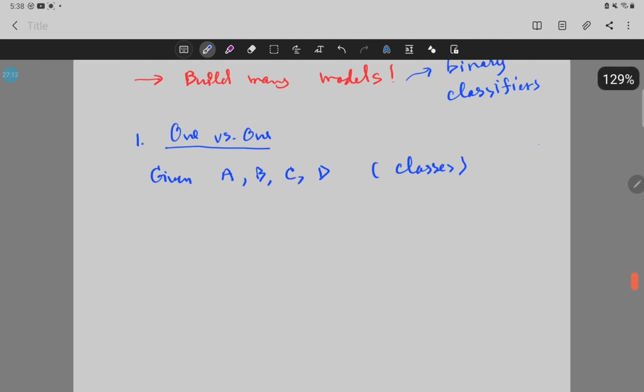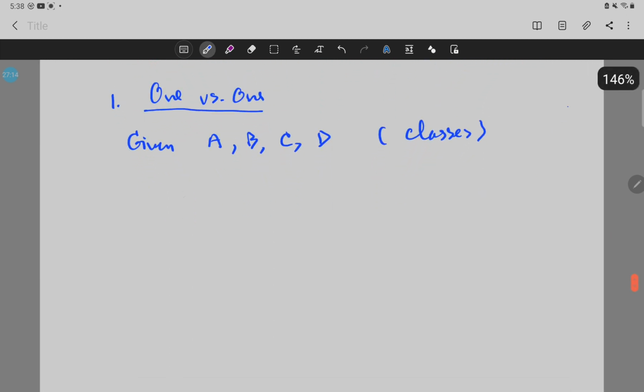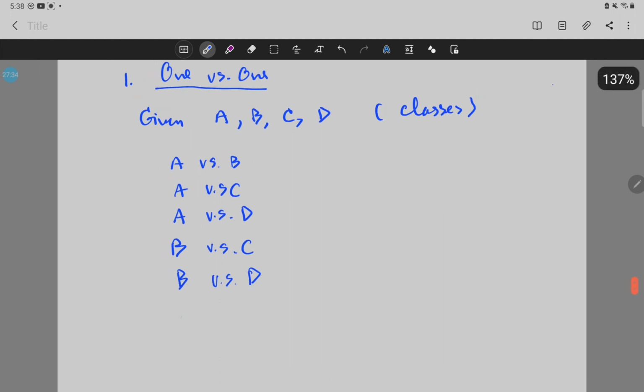So we need to build the SVM of A versus B, A versus C, A versus D, and so on, B versus D, and lastly C versus D.